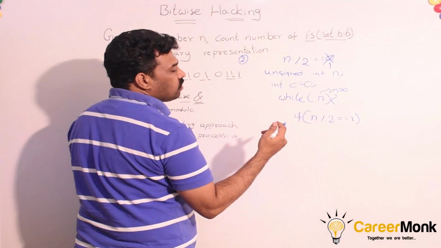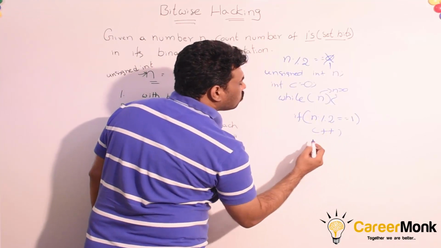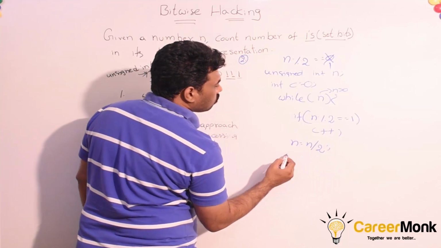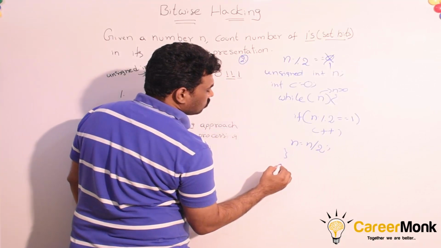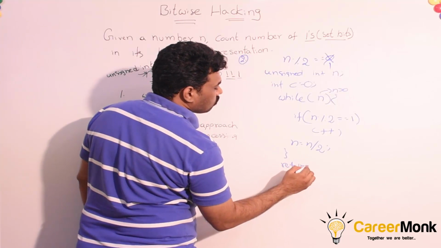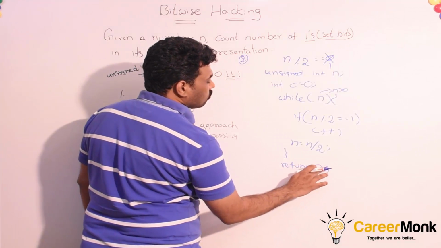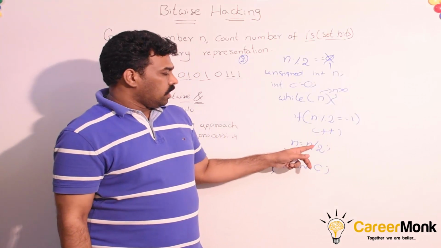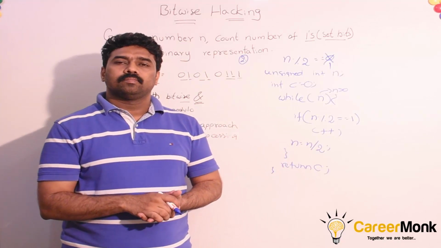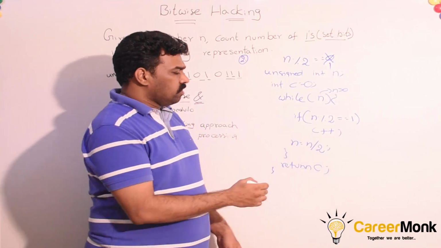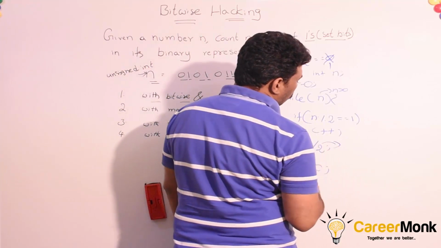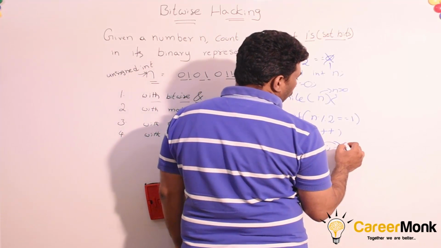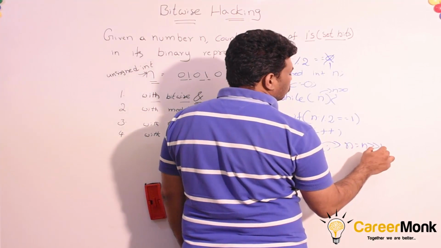The least significant bit is 1. So the main logic is this one. And in each iteration we are dividing the number by 2. Either you can divide the number by 2 or you can perform a right shift operation. Both are okay.